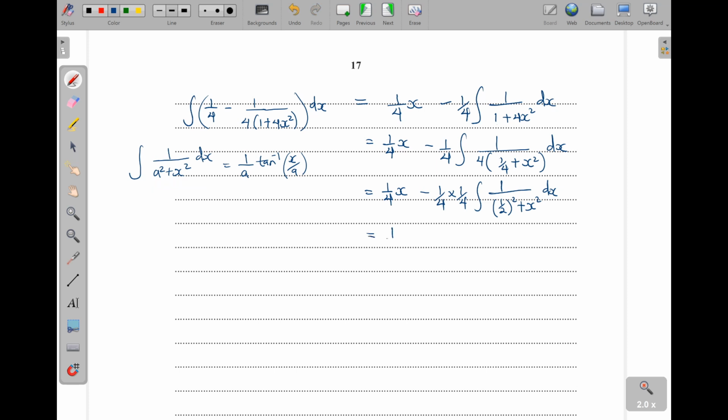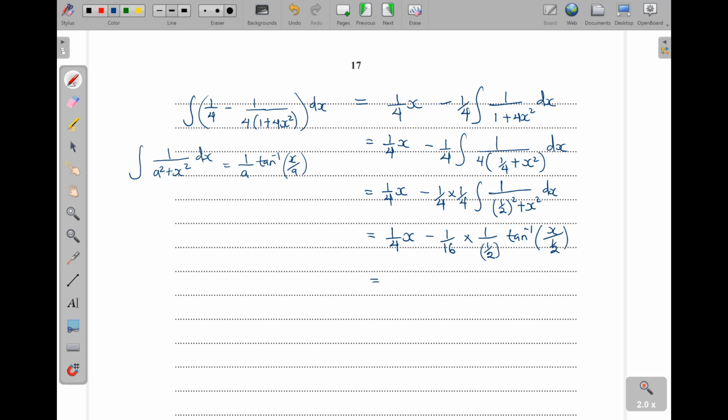So that means we shall have 1 over 4 of x, then minus. This one is going to be 1 over 16, then times, remember, we are supposed to put 1 over a. So it is going to be 1 over 2. You see that? That is our a here. Then the arctan of x over a. The a is a half.